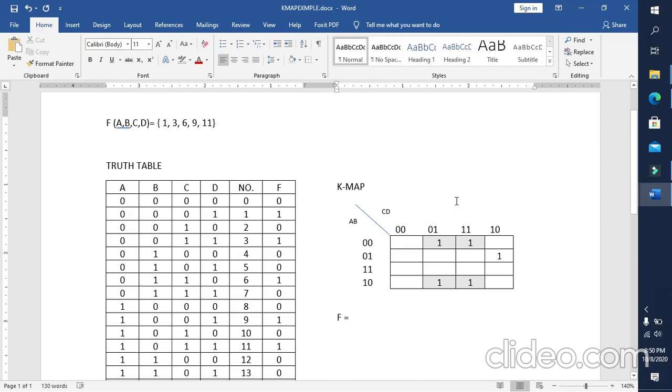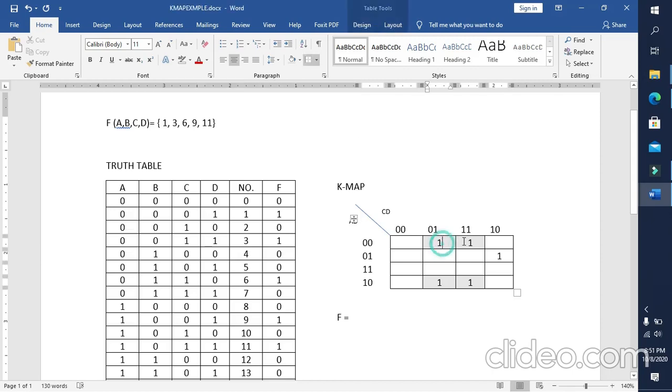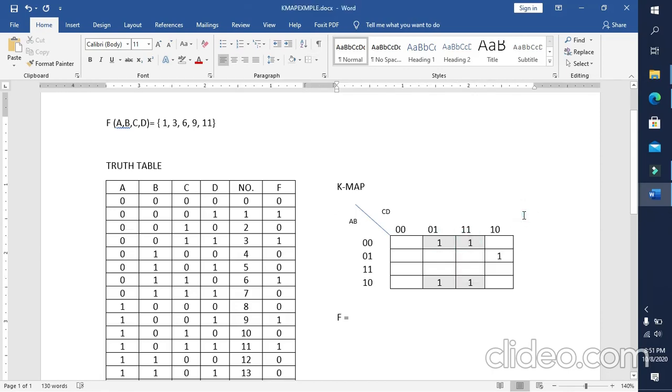And then, ita-translate natin later what are those values. But anyway, in this example, hindi masyado na gumagamit ng prime.